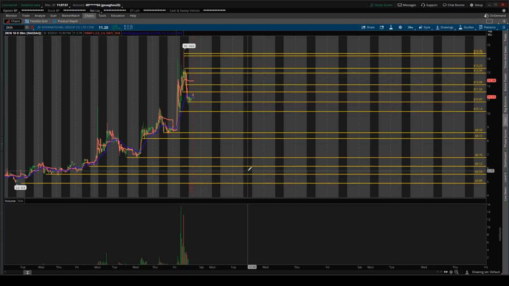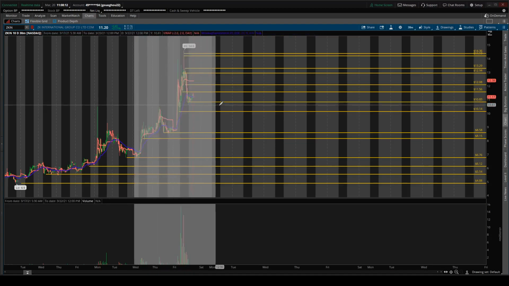That's the importance of these levels. They make you aware, especially if you are short and waiting for this to break down, that these could be potential reversal areas.